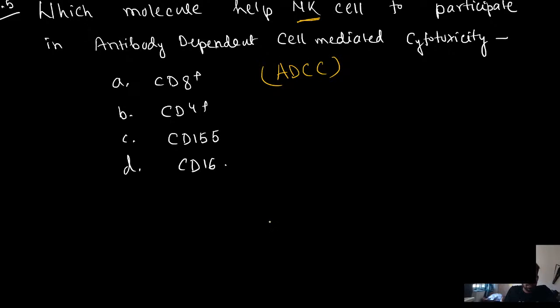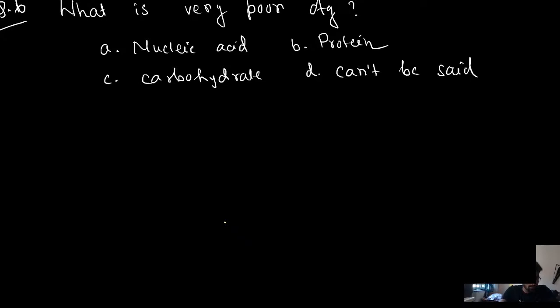We know NK cell needs something to participate in ADCC. Someone is saying D. Okay, Pratika. Fantastic, Aman. It's D, CD16, because we know CD16 is present in the NK cell. It is present in the TC cell. It is present in the TH cell. We have to remember this. Fantastic, everyone.